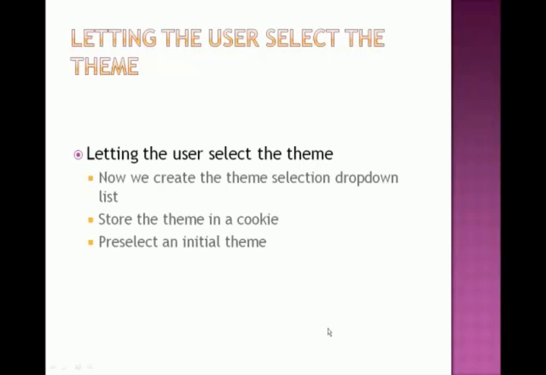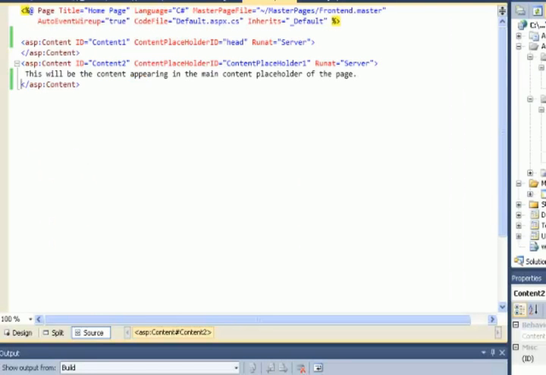Okay, so now let's see how we can let the users select the theme. Let's first create the theme drop-down list, store it in a cookie, and pre-select the initial theme. So here I'm back at my Visual Web Developer.